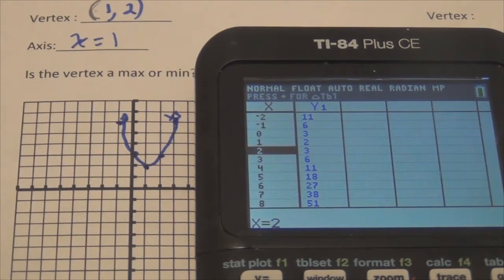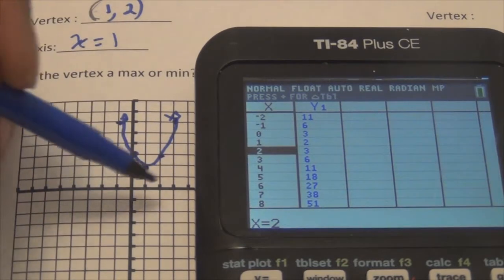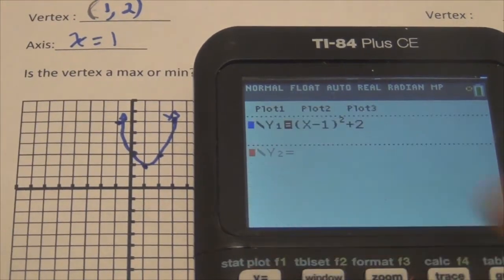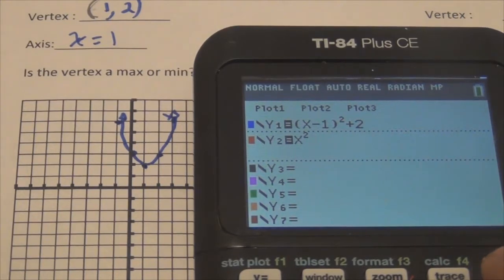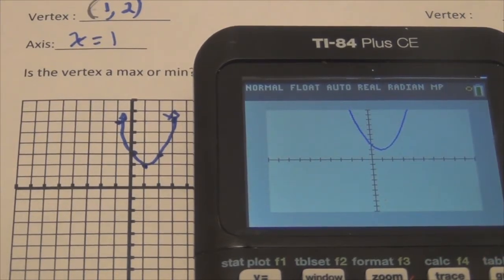Now, let's notice something. Let's graph the original parabola, x squared, the parent, the original one. What do you notice?